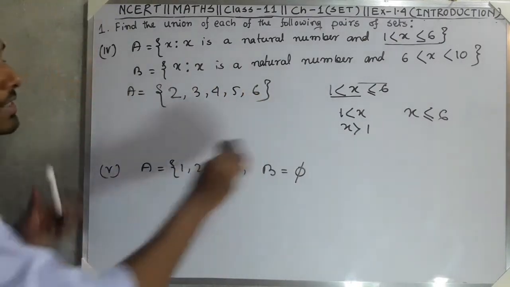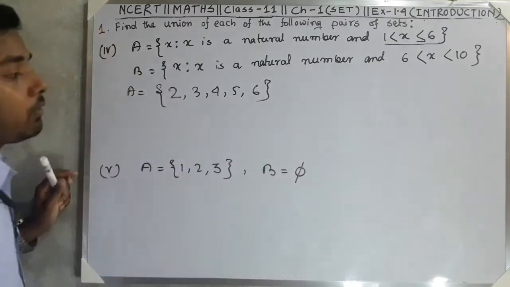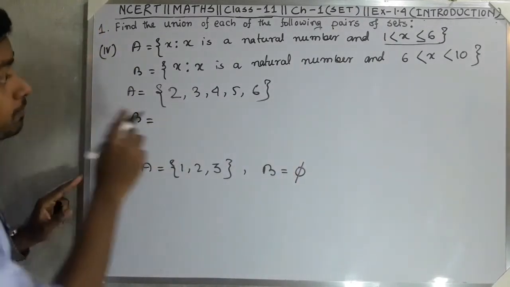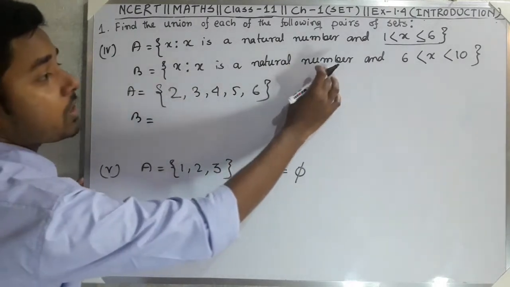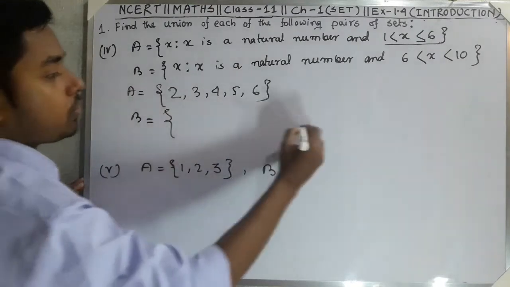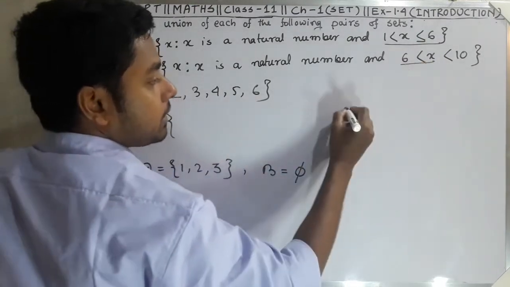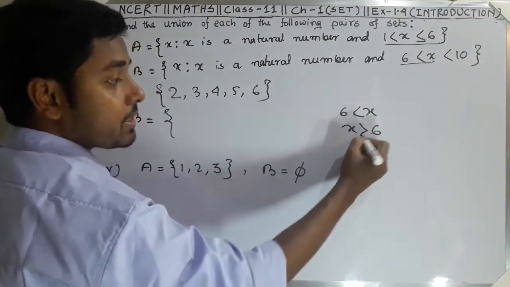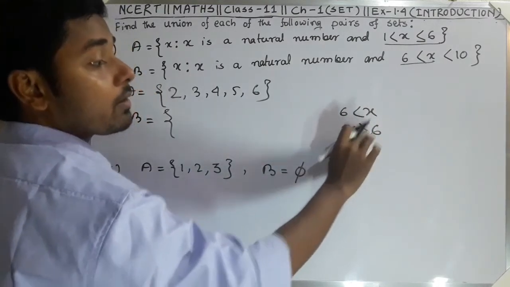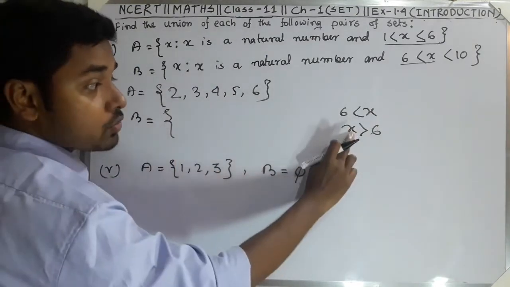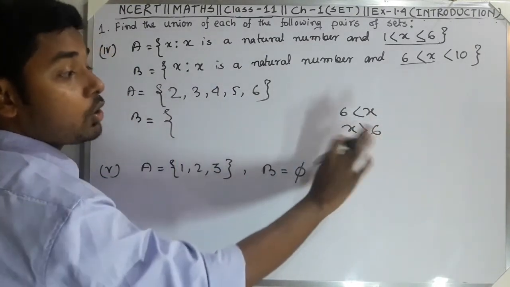Now we have to find the set B. So set B is equal to what? x such that x is a natural number and 6 less than x less than 10. So take this part first. 6 less than x, that means x is greater than 6 but not equal to 6.